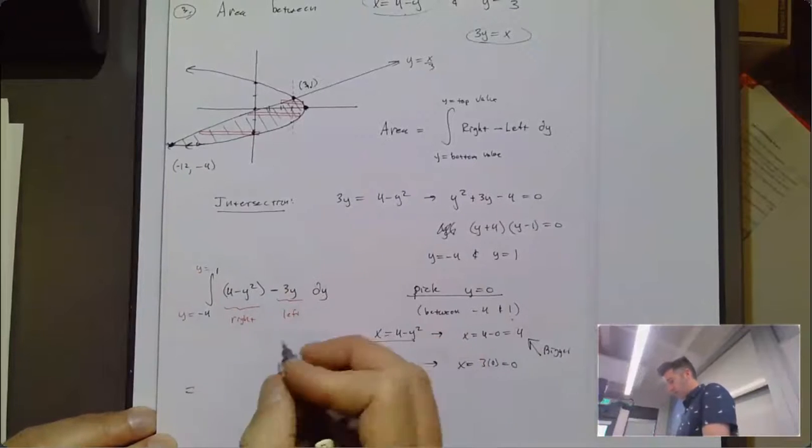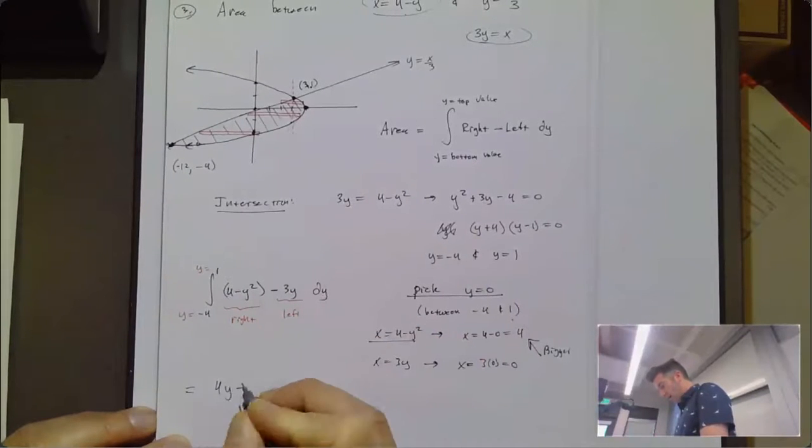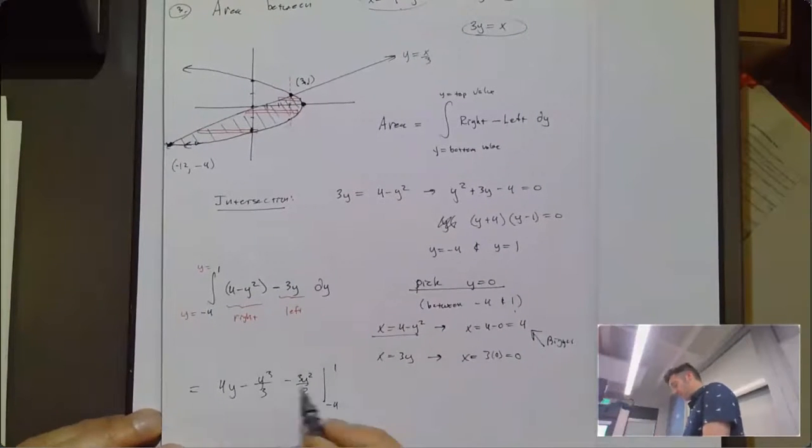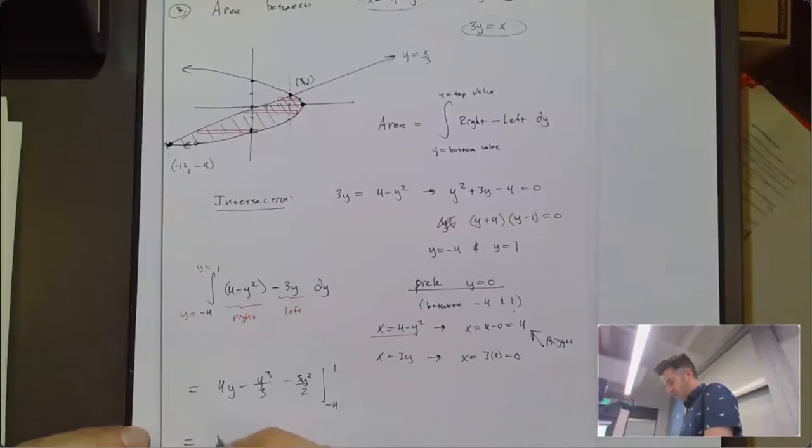And then the rest is not too terrible. We're going to anti-differentiate. We're going to get 4y minus y cubed over 3 minus 3y squared over 2. Then we plug in -4 and 1. So 4 times 1 is 4. 1 cubed is 1. 1 squared is also 1, so 3 halves.